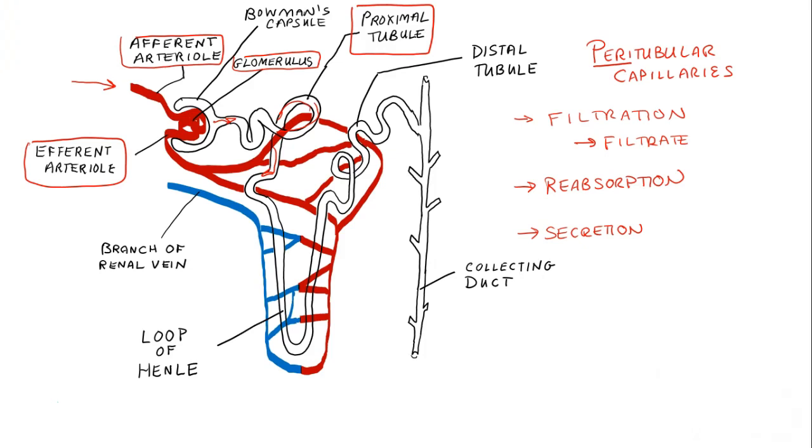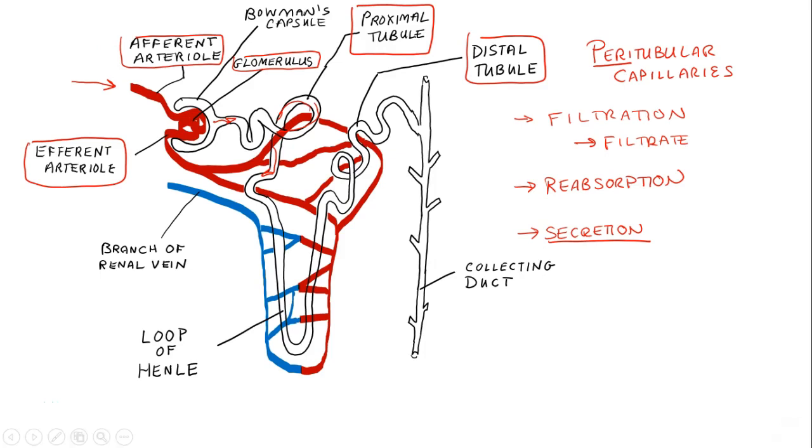What's going to be reabsorbed in the proximal tubule, in addition to water, are glucose and salts and other dissolved substances like vitamins and minerals. And then later on in the distal tubule is when the process of secretion will take place. In secretion, substances are moved from the bloodstream back into the renal tubule for excretion.